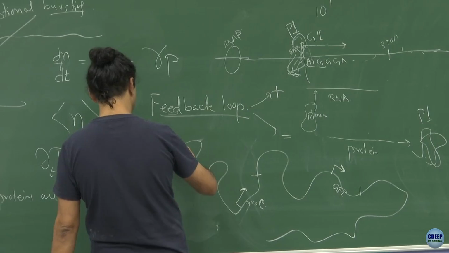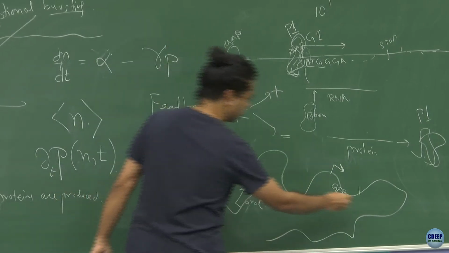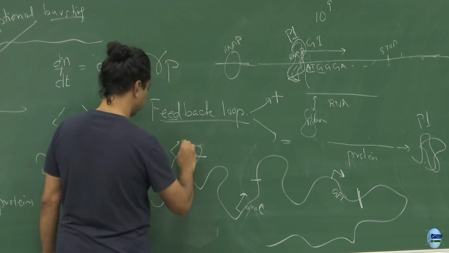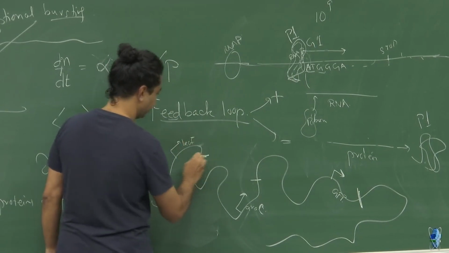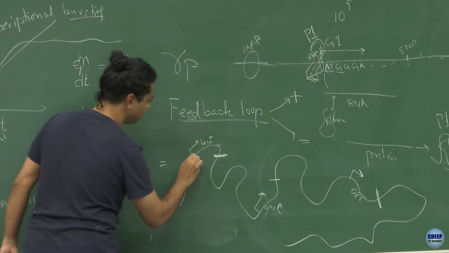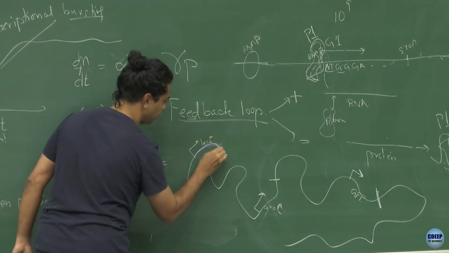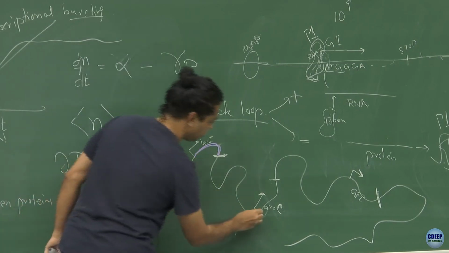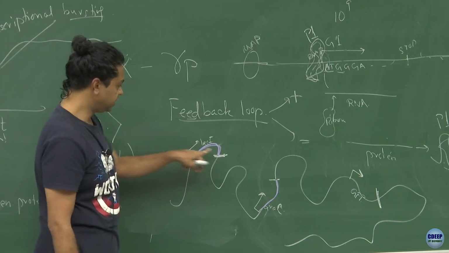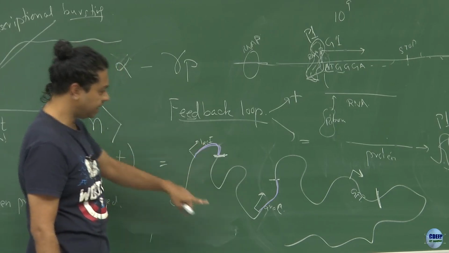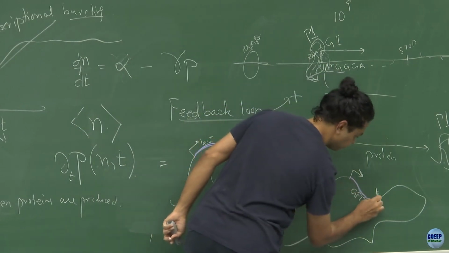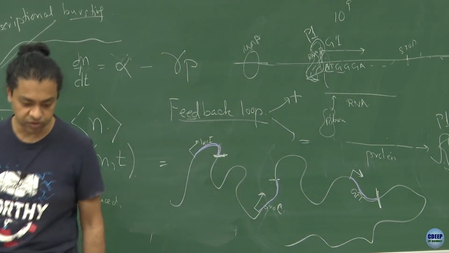Let us say here is gene 3, which is LAC-I, and that ends over here. So I have these 3 regions of my genome. In this simplified picture, I have this whole string, but there are only these 3 genes. This region encodes the protein LAC-I, this region encodes the protein ARAC, and this region encodes the protein GFP, the green fluorescent protein.